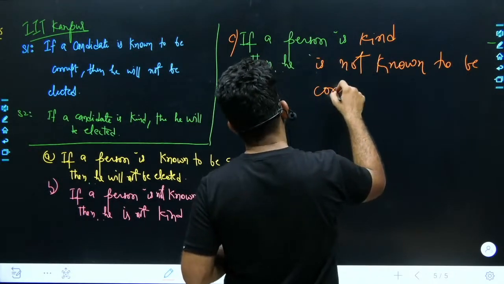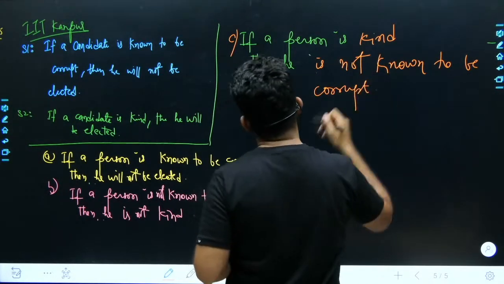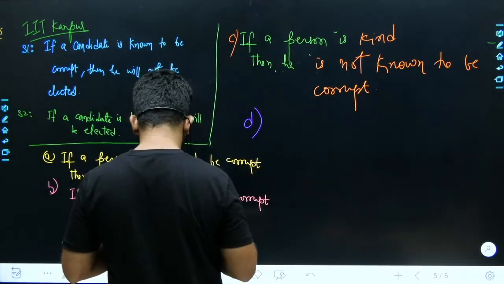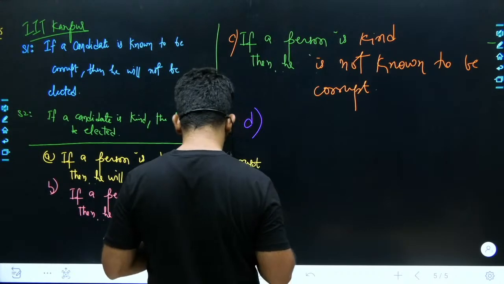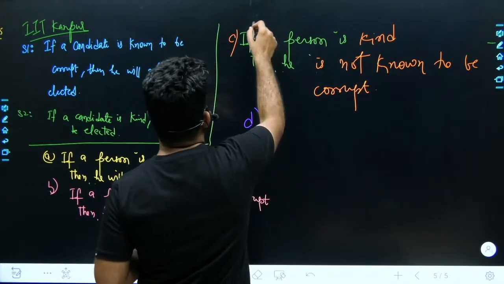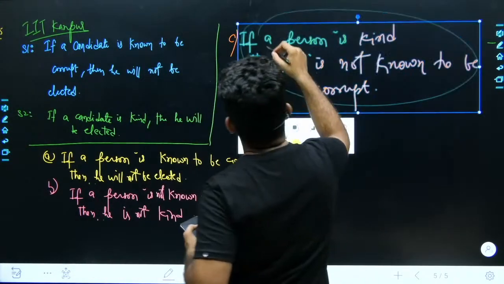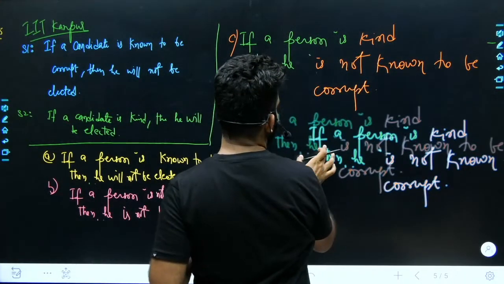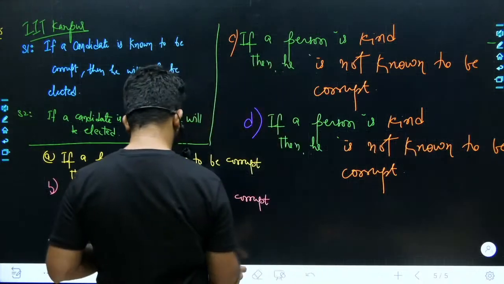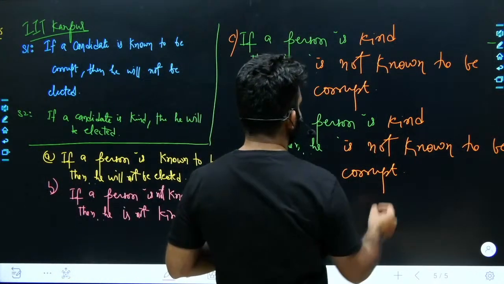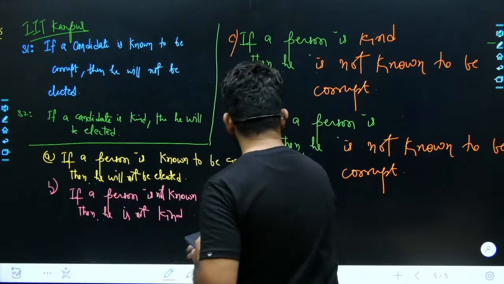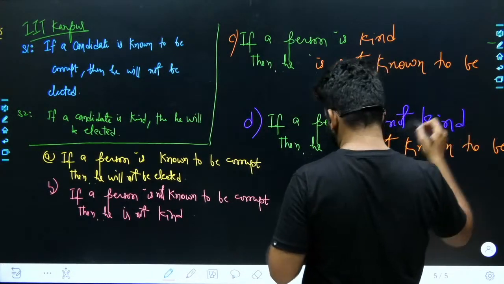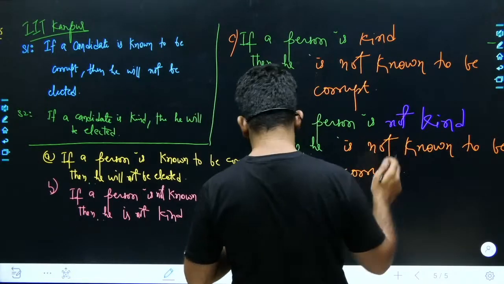And the last option, D: if a person is not kind, then he is not known to be corrupt.